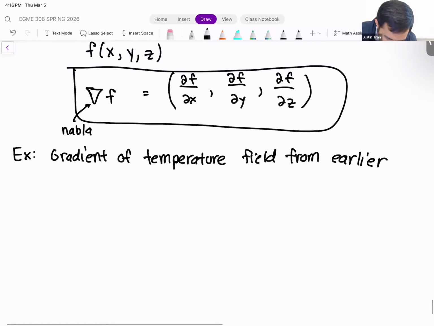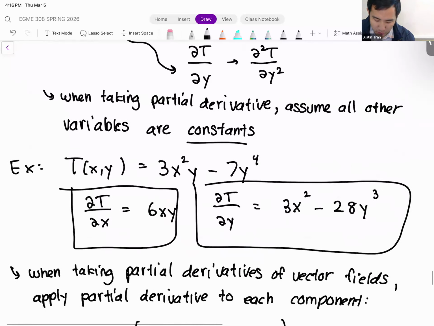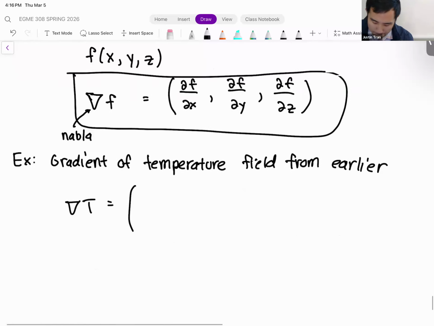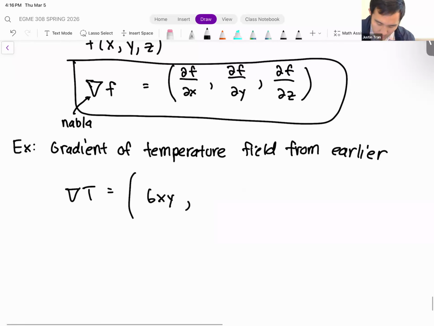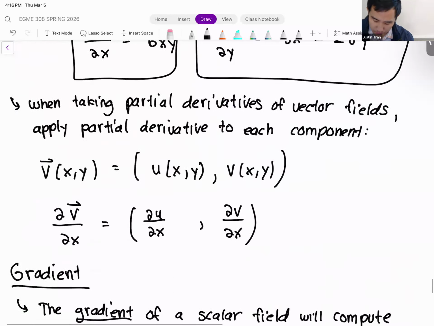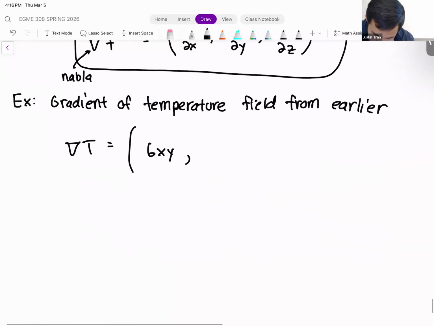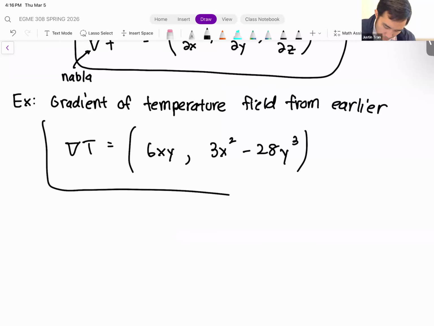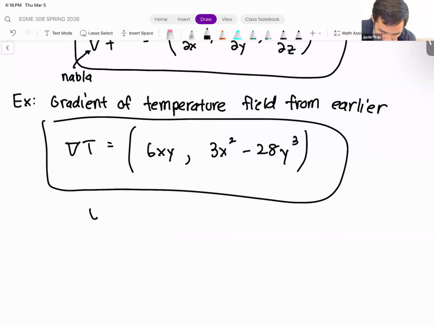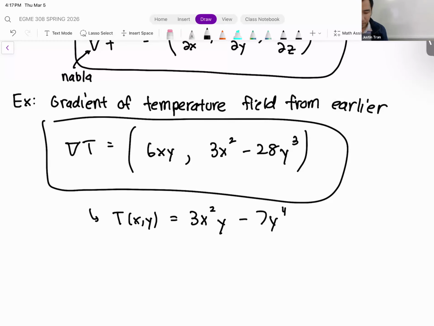The gradient of T is equal to, first component, partial T, partial x. We computed that already. Partial T, partial x is 6xy. And then partial T, partial y is 3x squared minus 28y cubed. So this right here is the gradient of this temperature field, T of x, y equals 3x squared y minus 7y to the fourth.